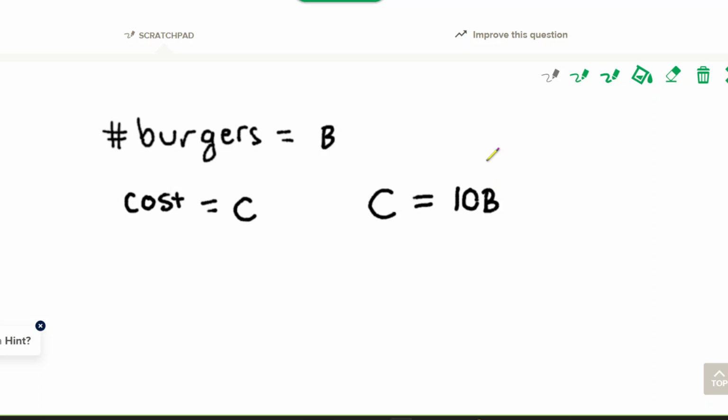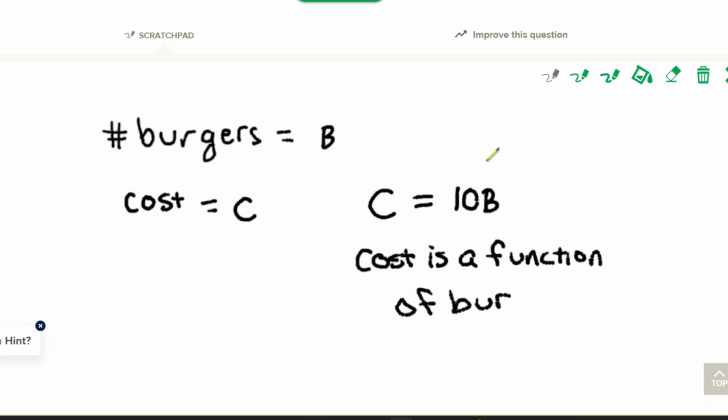Now, what we'd be saying here is that the cost is a function of the number of burgers. You'll see these words a lot.